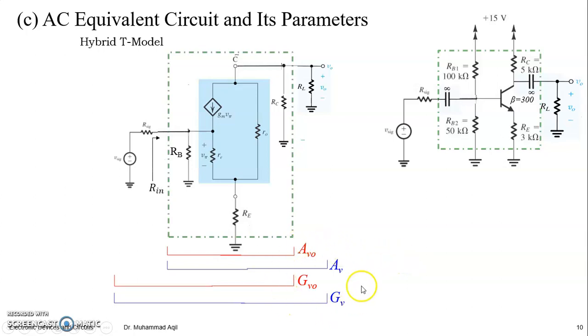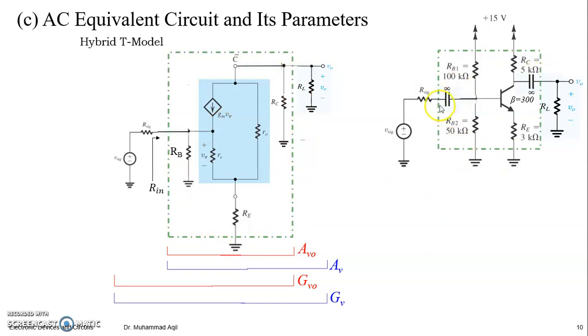So to find these parameters, we need to see what are the resistances and what are the voltages at the input and output of the stage. And this model-based circuit gives you an easy way to find the resistances at different points and the voltages instead of this circuit.